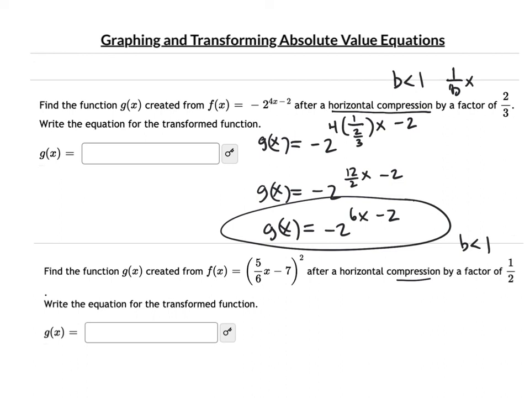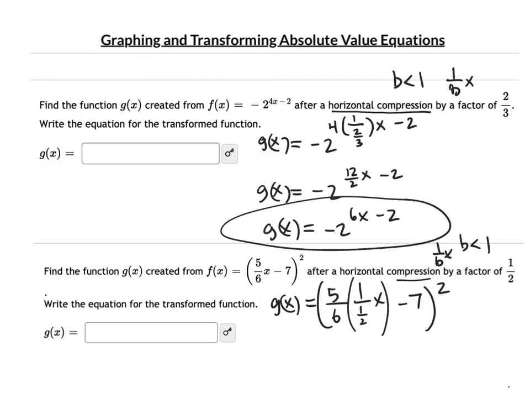I'm going to replace x with 1 over b times x, 1 over 1/2. So my g of x function becomes 5, 6, x gets replaced with 1 over b, 1 over 1/2 times x, minus 7 squared. I use parentheses for times.